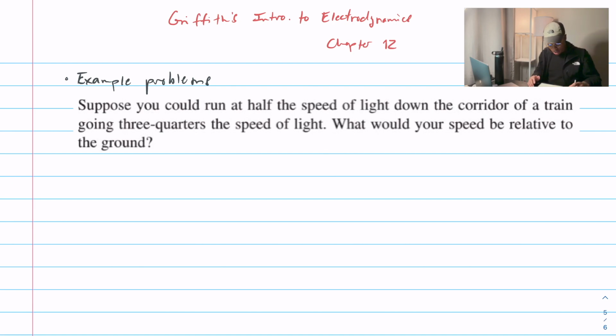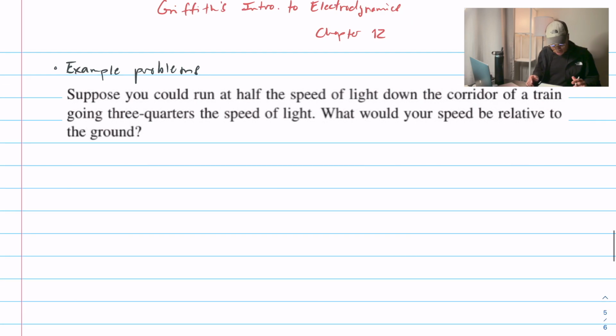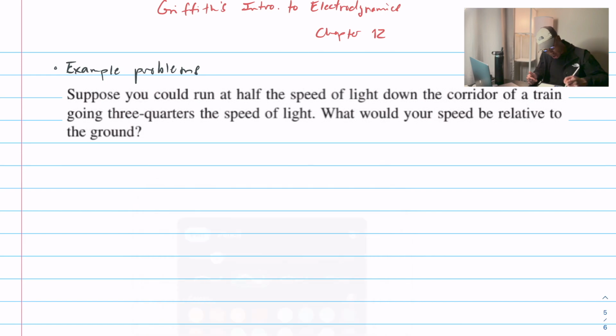Looking at this first example, suppose you're running at half the speed of light down the corridor of a train going 3/4 the speed of light. What would your speed be relative to the ground? Well, this is pretty simple. First, let's go ahead and write out Einstein's velocity relation.